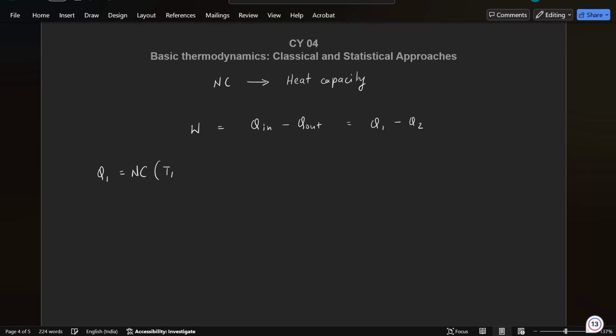Initial temperature, final temperature, correct? You get this point, right? Okay.